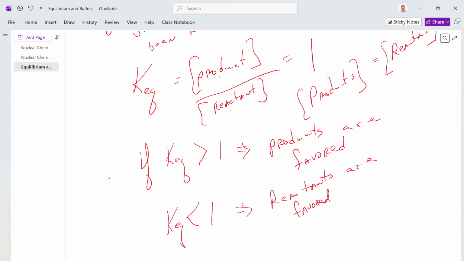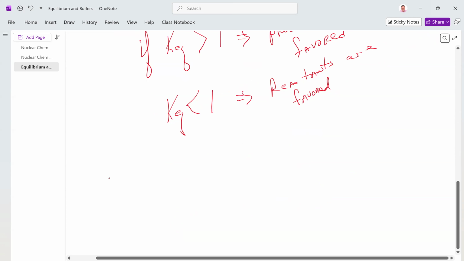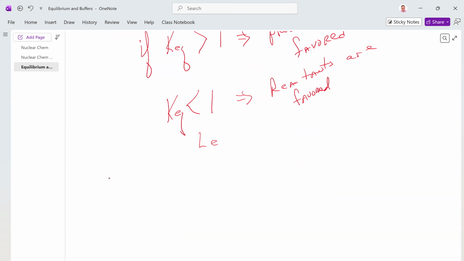Now, what happens if we adulterate that equilibrium state? Now, this is the part that is called Le Chatelier's principle.